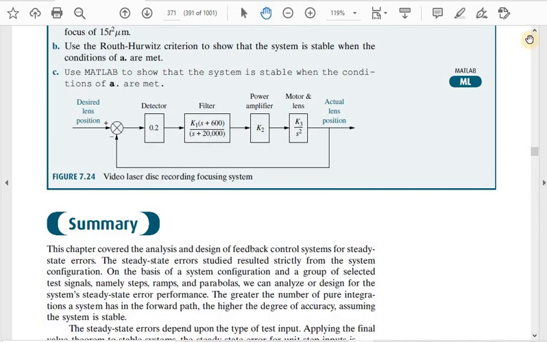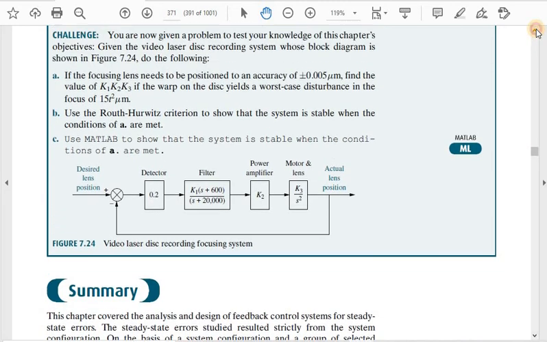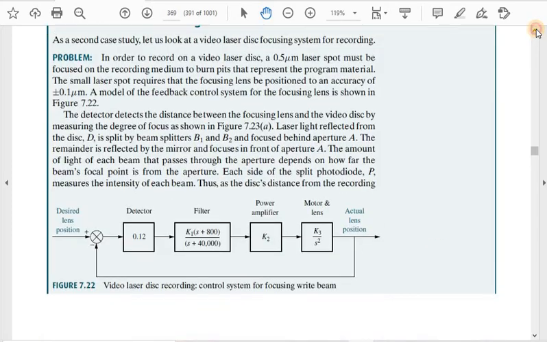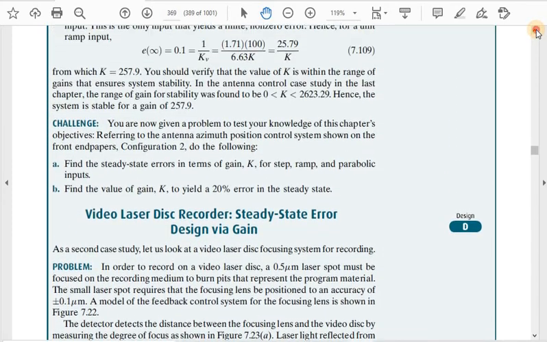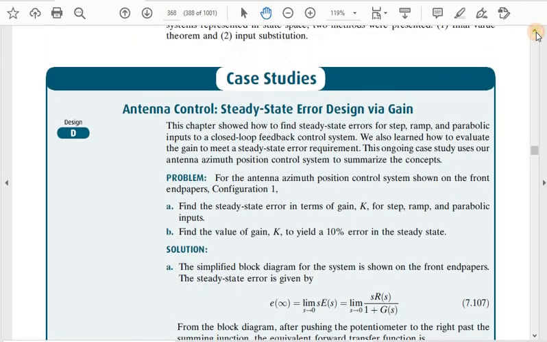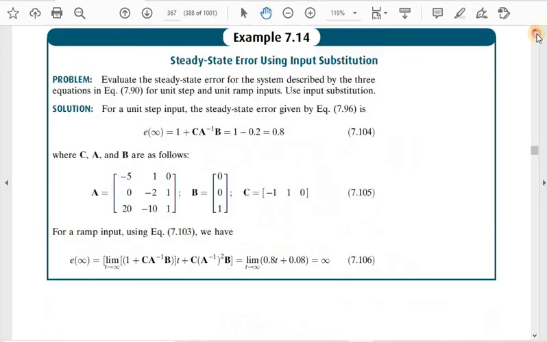So this is the end of your chapter number 7, where you have steady state error. You just go through it. We have 3 to 4 videos on this one, so just go through it and you will get the idea.